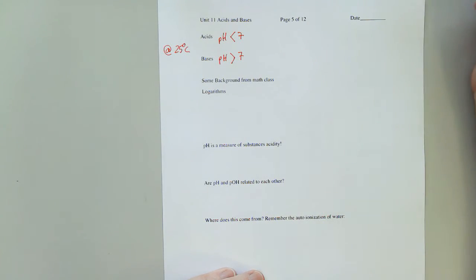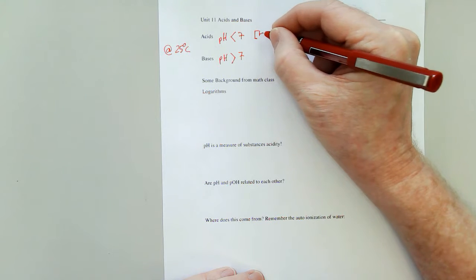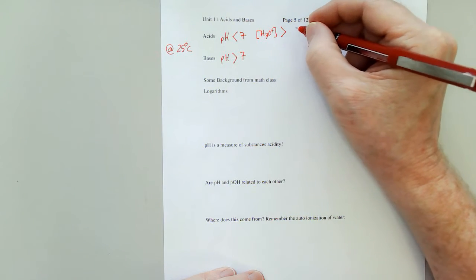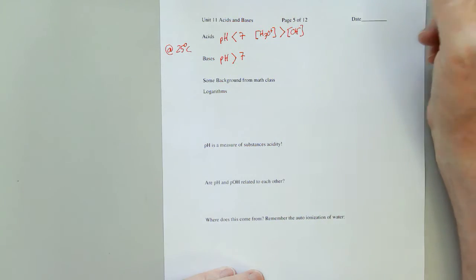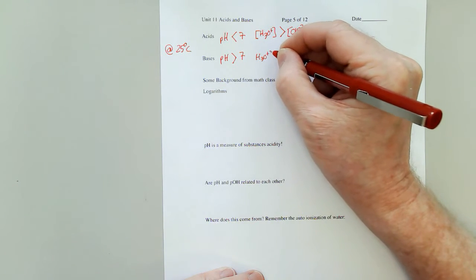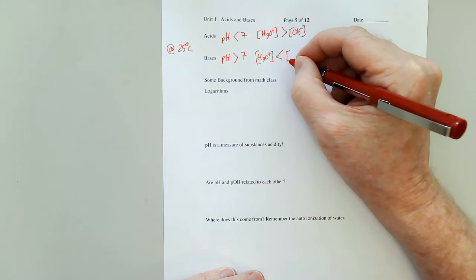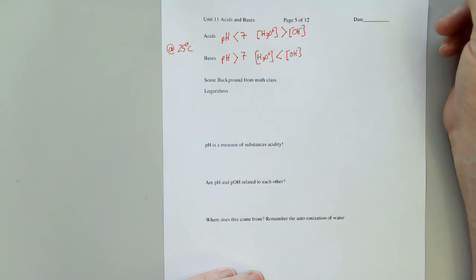Okay, now the other thing that we know based on this is that the concentration of H3O plus will always be greater than the concentration of OH minus for an acid. And the concentration of H3O plus will always be less than that of hydroxide for a base.